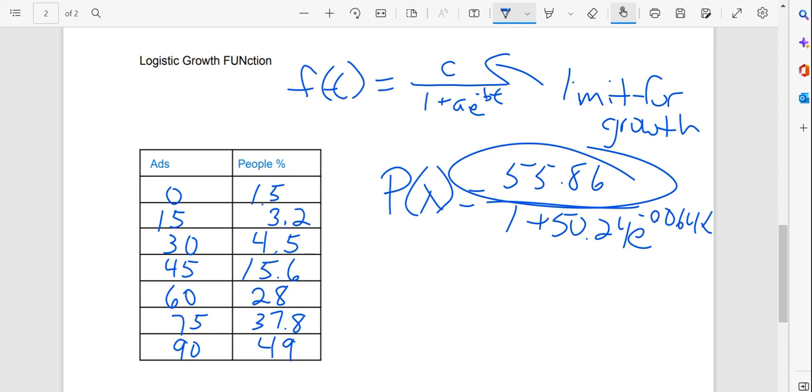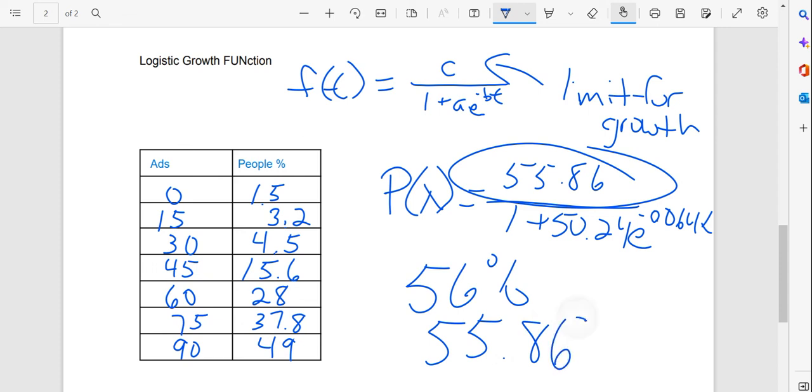But the predicted amount is going to be about 56%, which would be a good answer, or if you want to go exact, 55.86%. That's going to be your limit. If you put this in your graphing calculator, it's never ever going to be more than that value. And if you do graph it, it's going to be something neat.